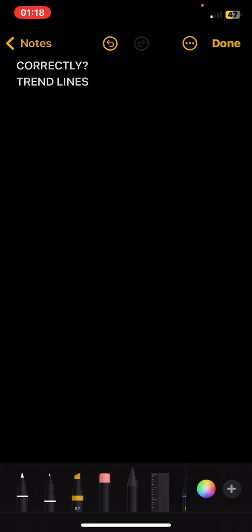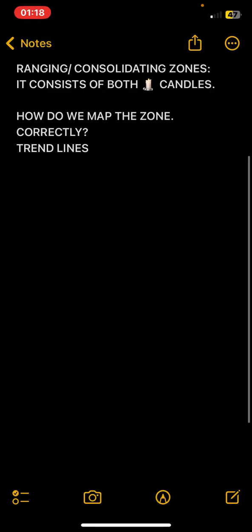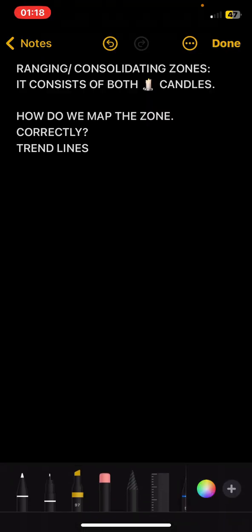We have our pencil, and let's start with an uptrend. Let's identify an uptrend, then we can move to other ones. Remember I said we have higher highs, higher lows. Okay, so now let's draw them.